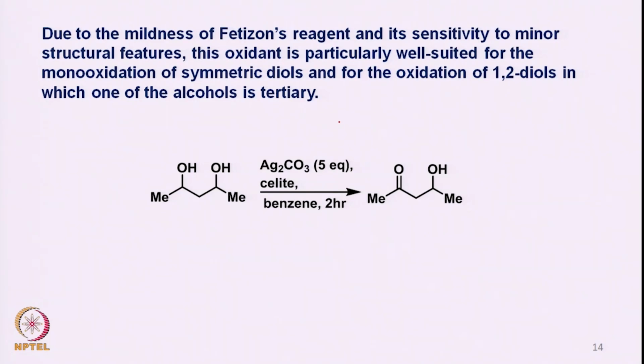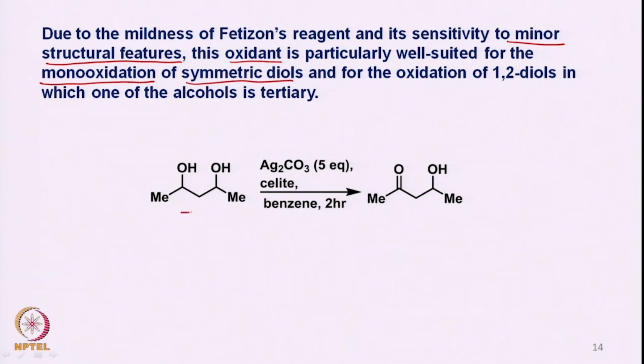Due to the mildness of Fetizon's reagent and its sensitivity to minor structural features, something I just mentioned, that if there is a double bond versus there is no double bond, this oxidant is particularly well suited for the monooxidation of symmetric diols.